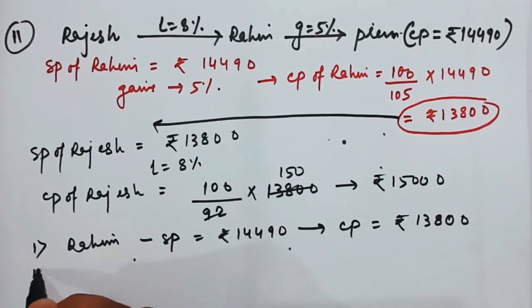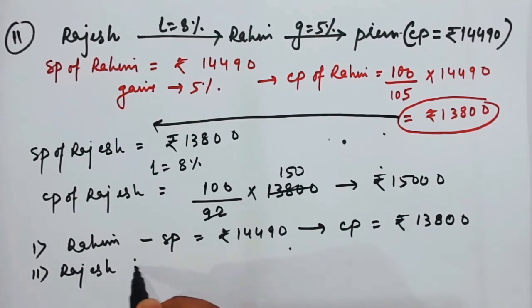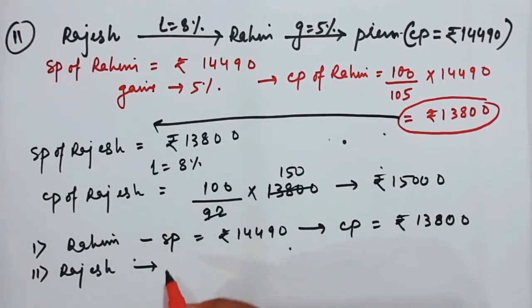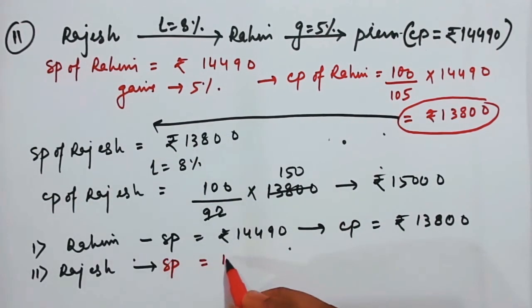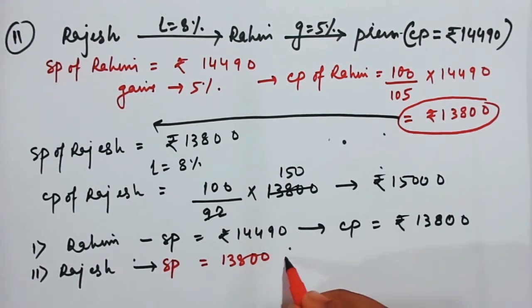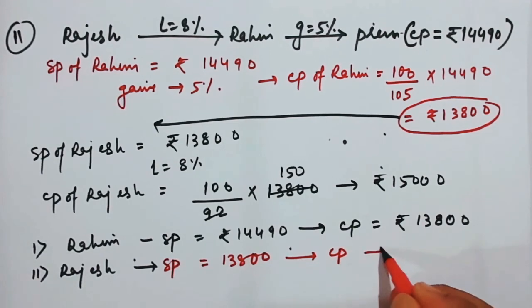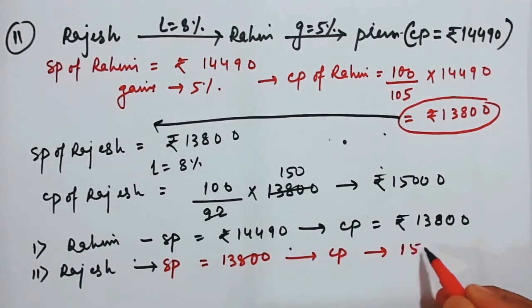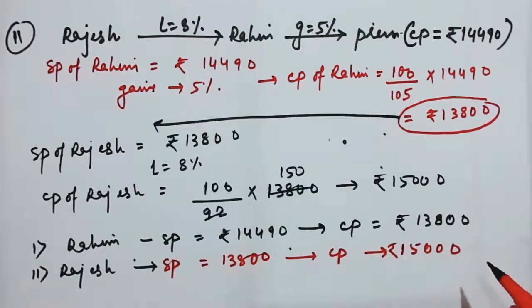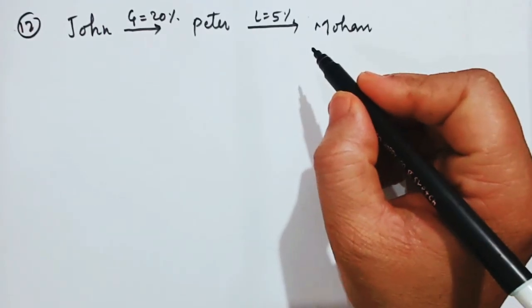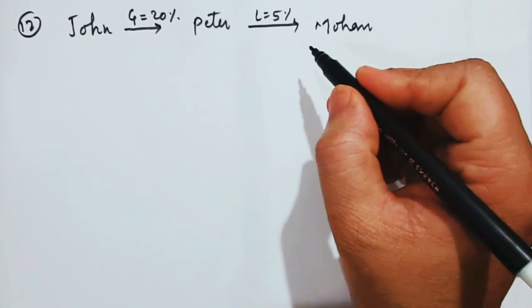And the second part was about Rajesh: the selling price of Rajesh is 13800, while the cost price was rupees 15000. Okay.